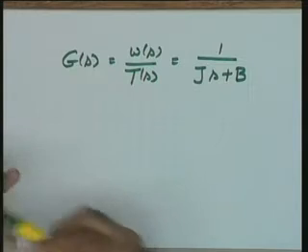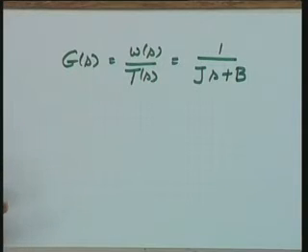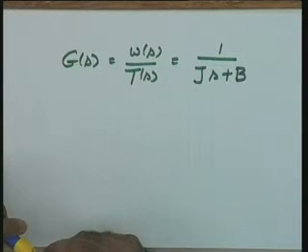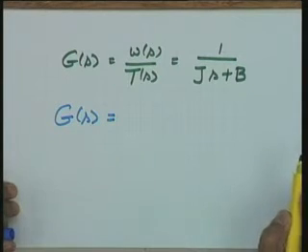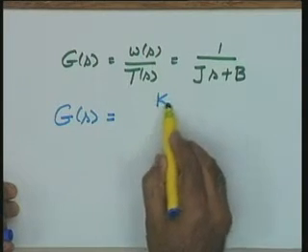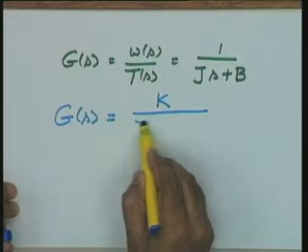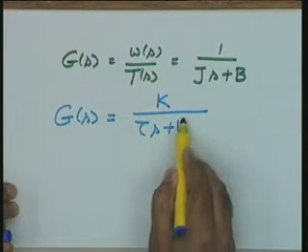Now, in this particular case, the parameters of the system are J and B. The characteristics of a first order system, any first order system, be it mechanical, thermal, electrical, liquid level system or any other system, come out in this particular form very nicely. That is a general model I am going to take as K over tau s plus 1.